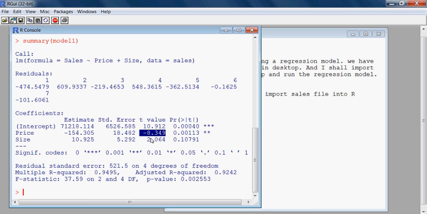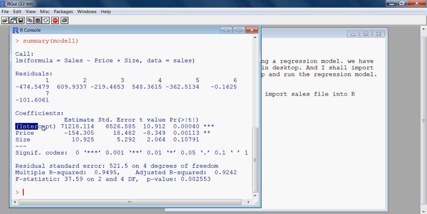And what about this one, minus 8.349? That is the t value. How to get it? I can get it from the coefficient, minus 154.305 divided by 18.48, which gives minus 8.349.